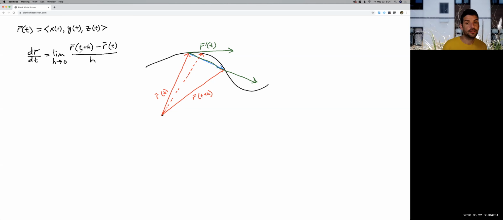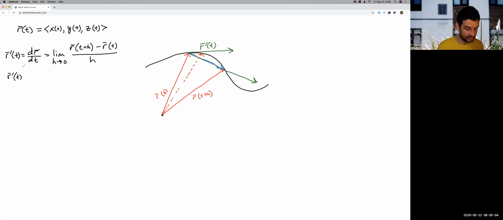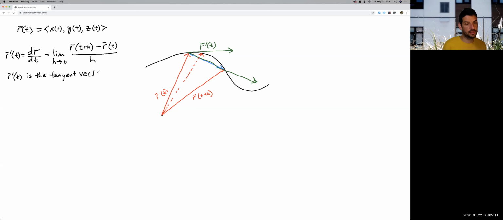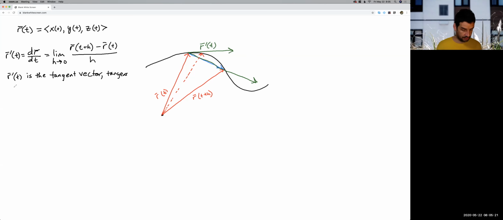So dr/dt, another name for this, is r prime of t, and r prime of t is the tangent vector. Let's just leave it at this for a moment, okay?